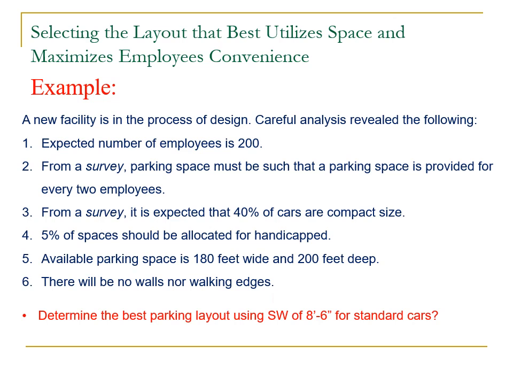And the question is, determine the best parking layout using a stall width of 8 feet and 6 inches for standard cars. If you remember the previous table, for standard cars, 8 feet and 6 inches was in the table, so we need to look at the table to understand the width of the module.